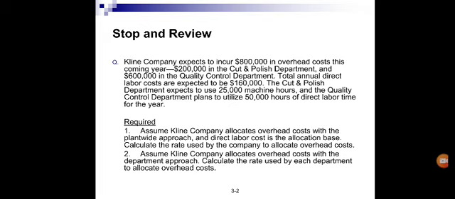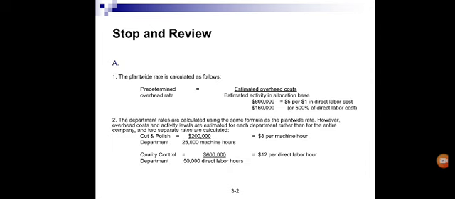So this is about traditional costing system. Let's see how to answer question 1. Using the traditional costing system, you use the predetermined overhead rate to calculate the overhead cost. So predetermined overhead rate, the formula is estimated or budgeted overhead cost divided by the estimated or budgeted allocation base.